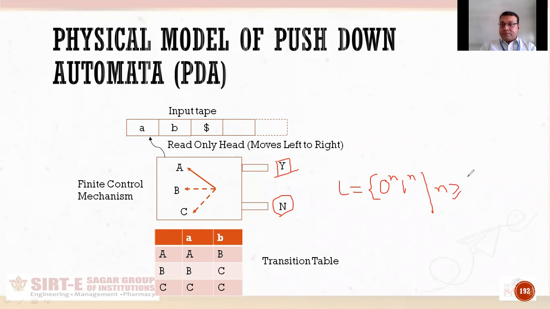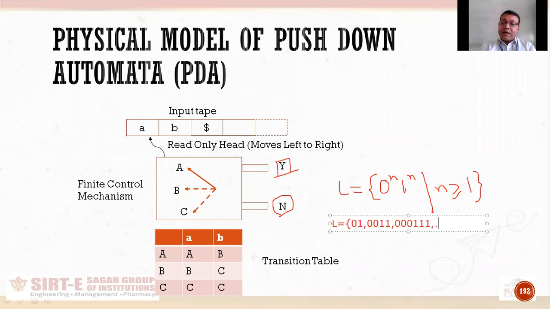Now, in this language, the number of zeros and the number of ones are equal. That means जितने भी zeros आएंगे followed by उतने ही number of ones आएंगे. Now यहाँ problem क्यों हो रही थी and why finite state machine for this language set was not possible?